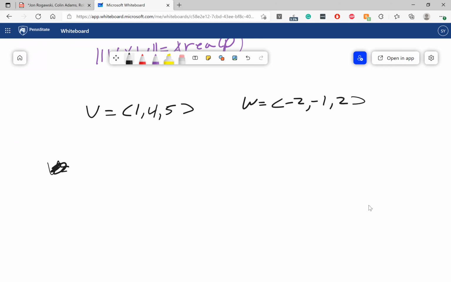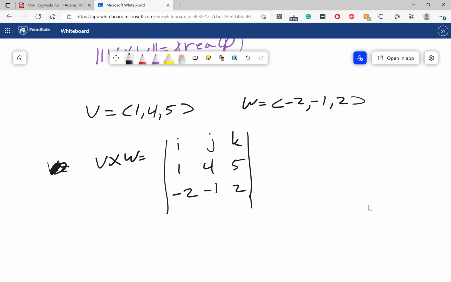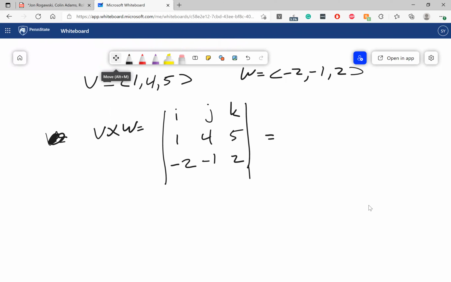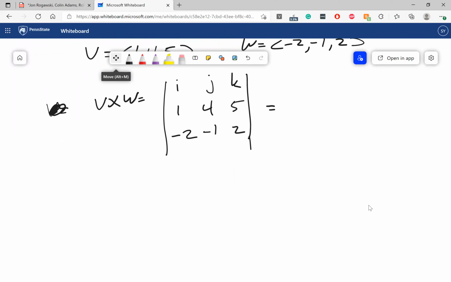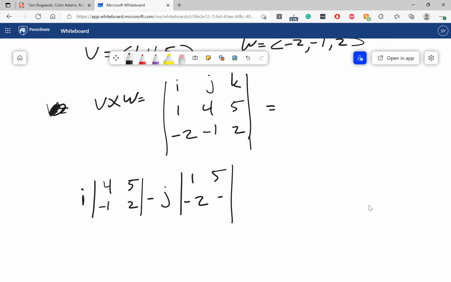V cross w is going to be the determinant of the matrix I, J, K, 1, 4, 5, -2, -1, and 2, which is equal to I times the determinant of 4, 5, -1, and 2, minus J times the determinant of 1, 5, -2, and 2, plus K times the determinant of 1, 4, -2, -1. So far, so good?